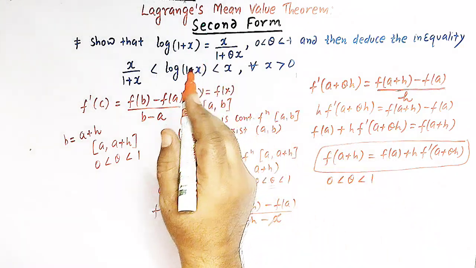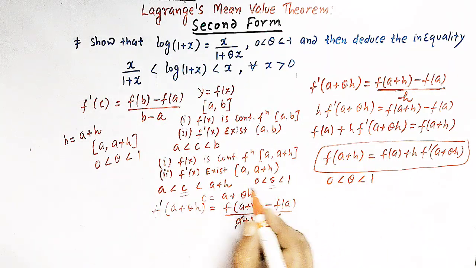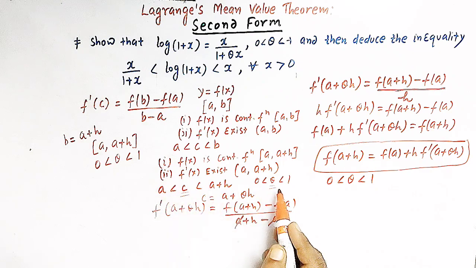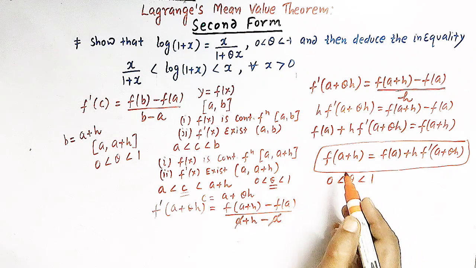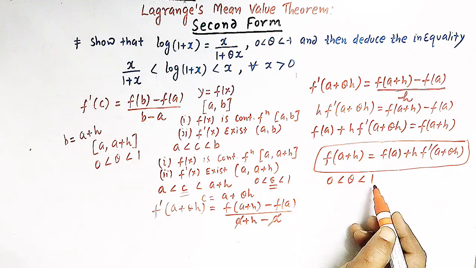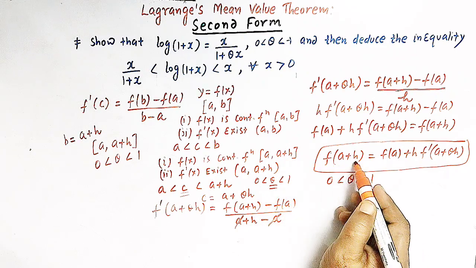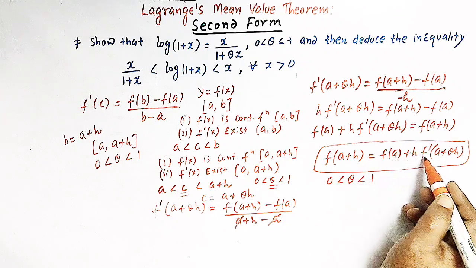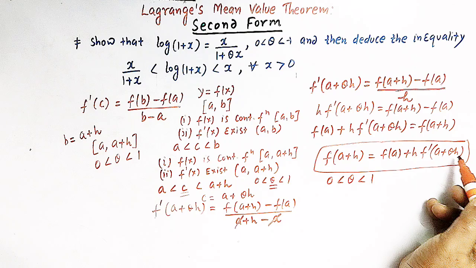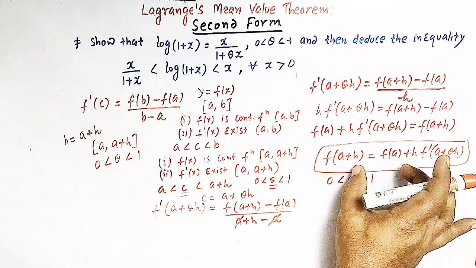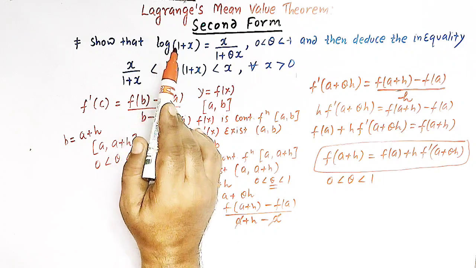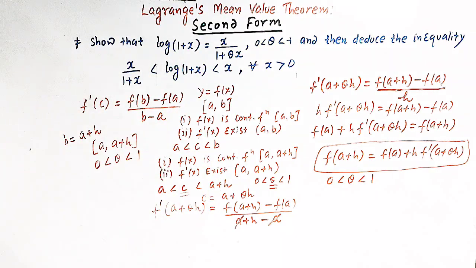So in the second form of Lagrange's mean value theorem, if these two conditions are satisfied, then there is at least one number theta such that theta lies between 0 and 1, and f of a plus h should be equal to f of a plus h times f prime of a plus theta h. So let us make use of this equation to solve this problem.